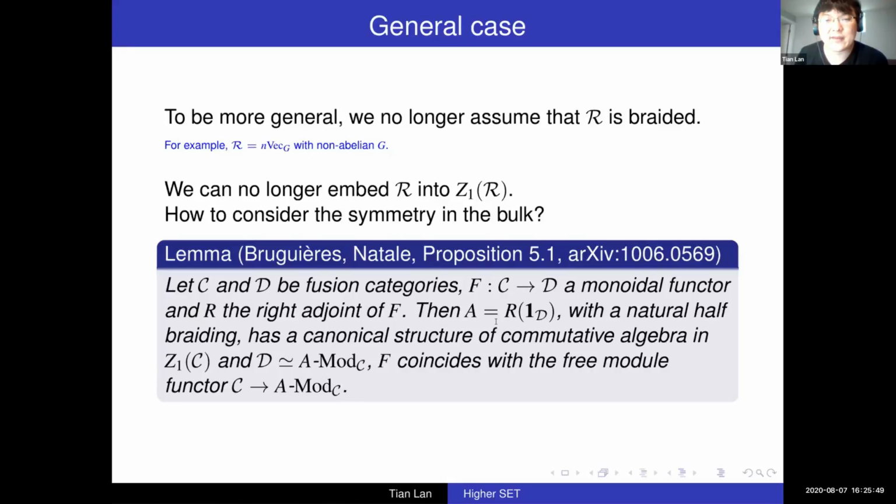Also, D can be reconstructed. It's equivalent to the category of A-modules in C, because here A is commutative. This category of A-modules in C has a monoidal structure, and this functor F will coincide with the free module functor from C to A-mod. It's kind of like a dual version of Tannaka duality.